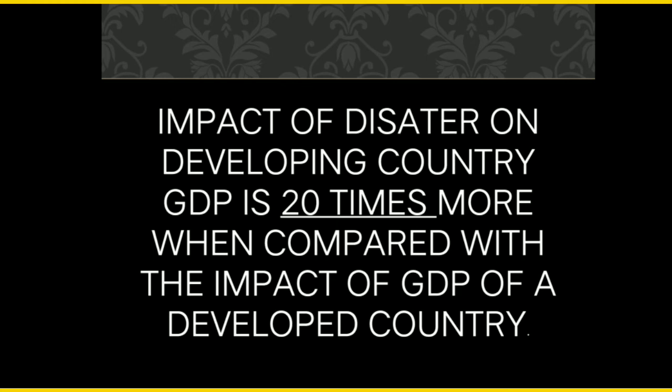According to various estimates, including figures from the United Nations and the World Bank, a disaster can have an impact 20 times greater in GDP terms on a developing nation compared to a developed nation, not 10 or 5.